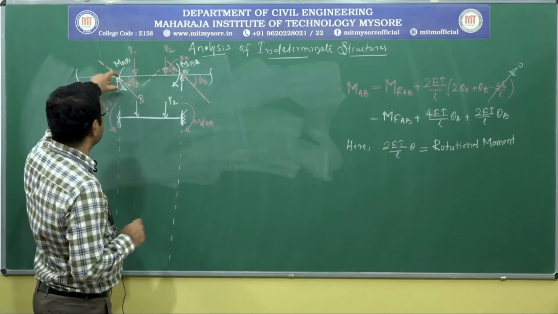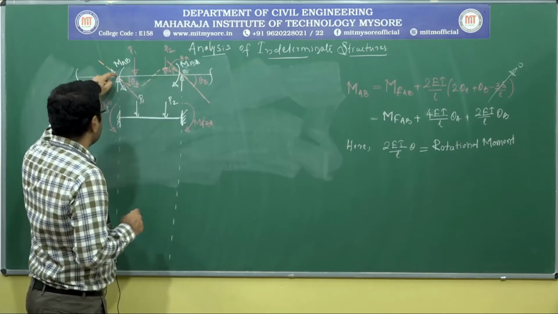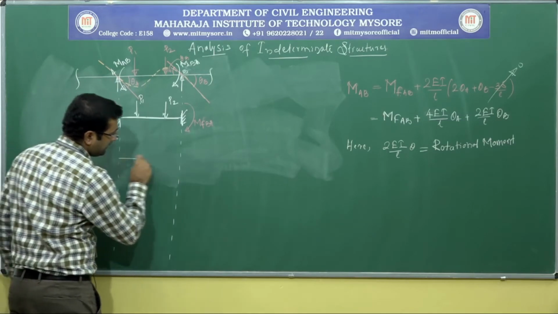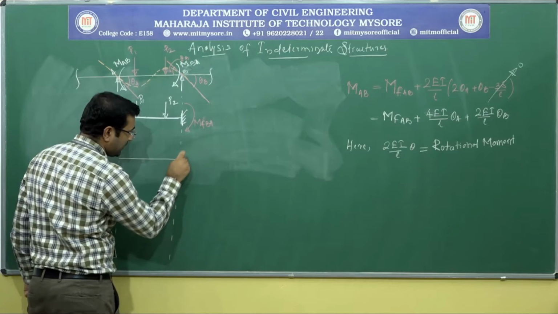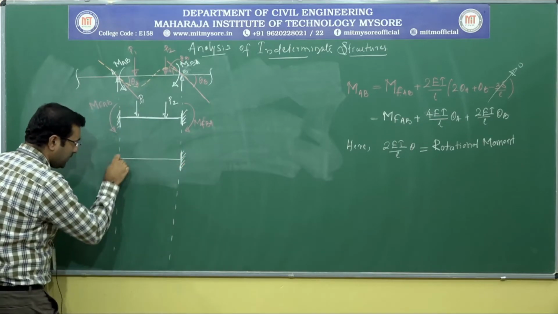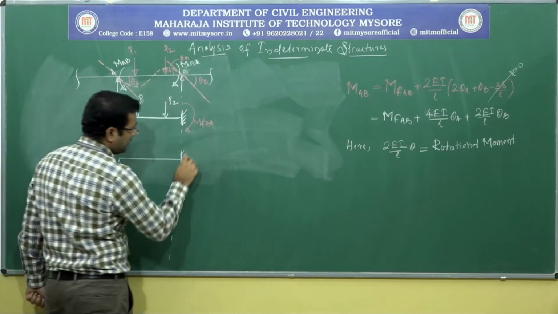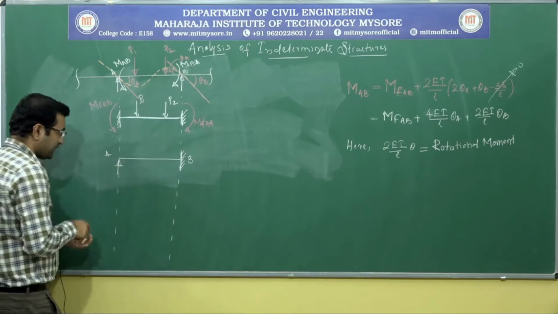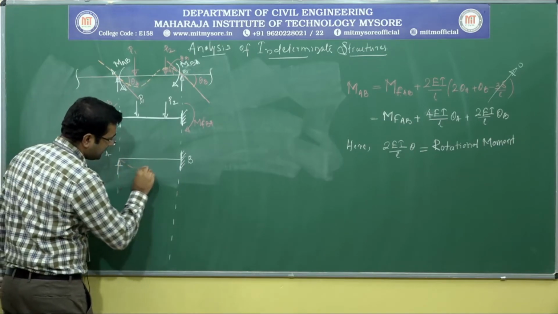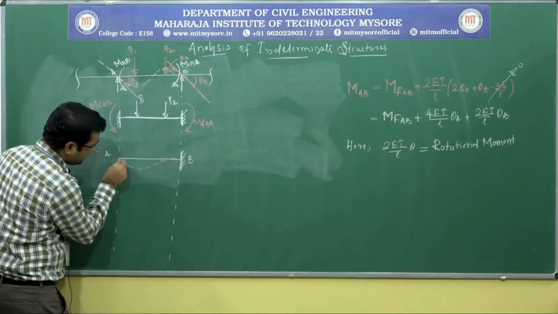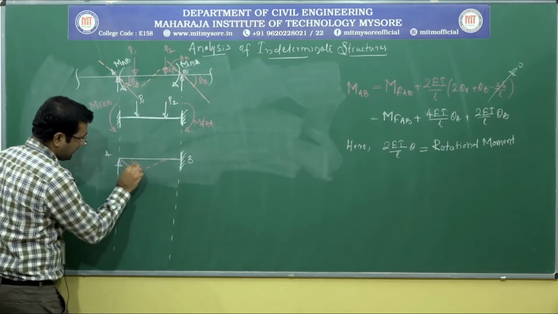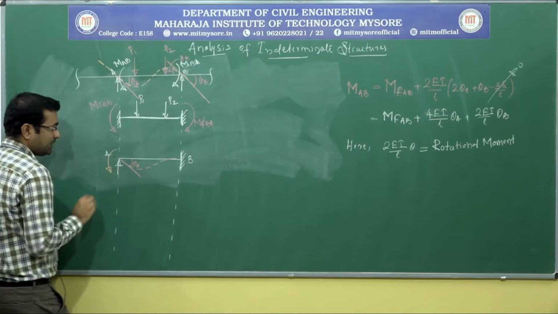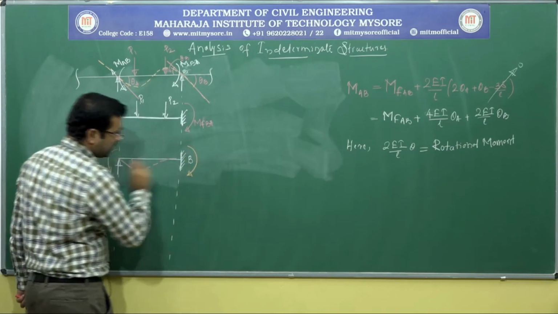Next, if I take another situation where the rotation is allowed only at end A, here, end A and end B, because of this rotation, let us say the rotation is theta A. Because of this rotation, there is a development of moment here as well as some moment here.